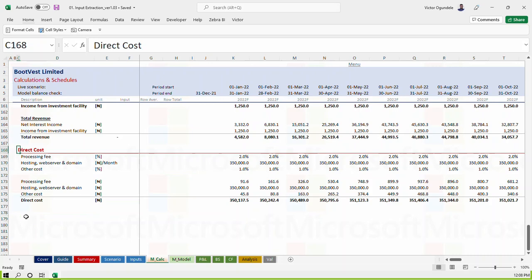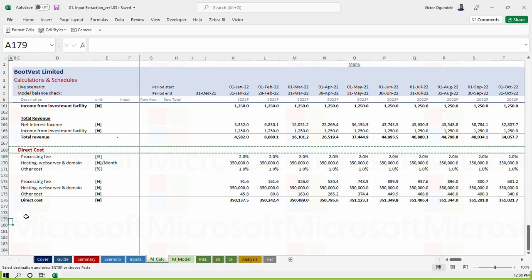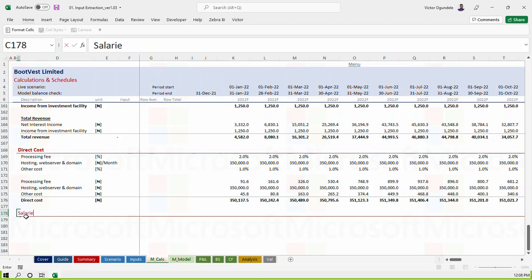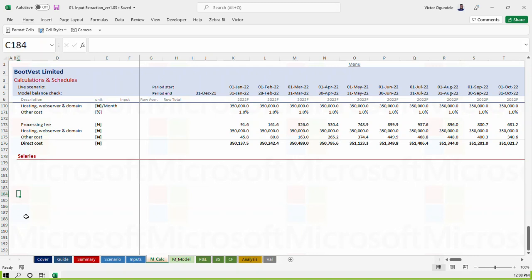So let's go ahead with our salaries. Let's go straight into our salaries, right? As I said, I know many of us would have preferred to create the revenue calculation and this type of calculation separately in different worksheets.